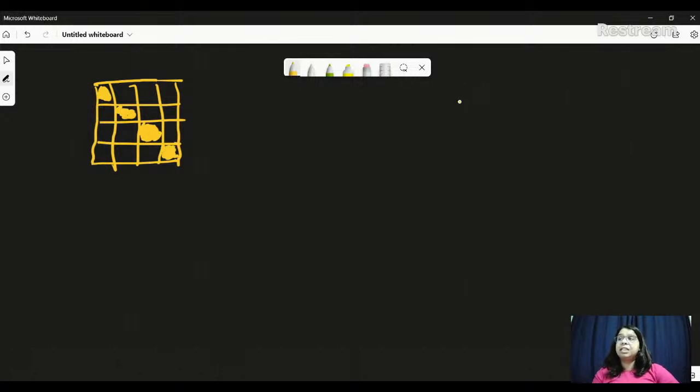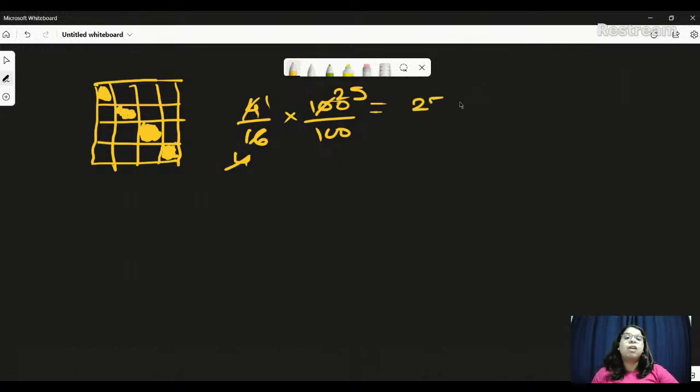So out of 16, I have shaded 4. Out of 100, how much am I shading? I will multiply by 100 over 100. 4 times 1, 4 times 4. So it's 25 by 100, which is equal to 25%.